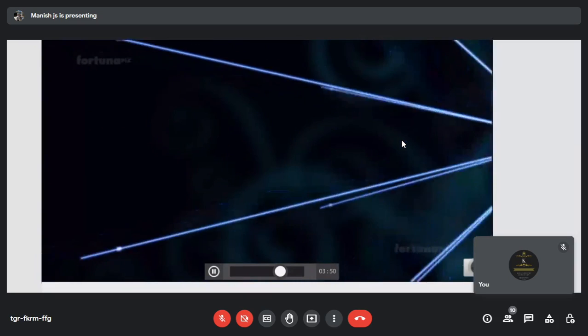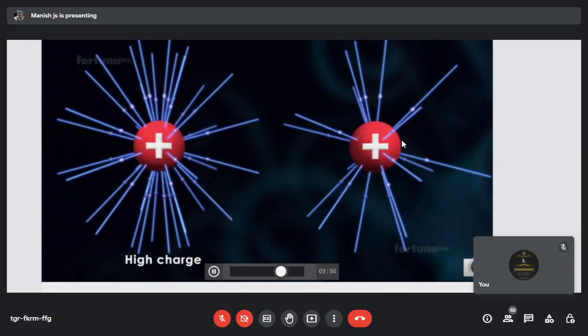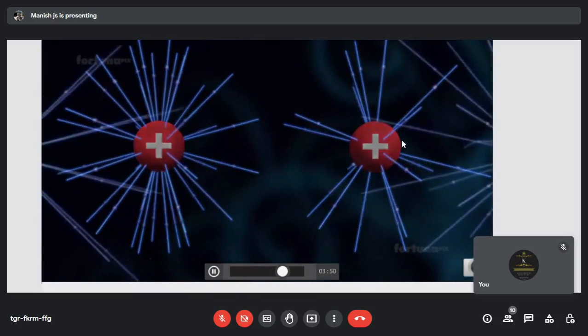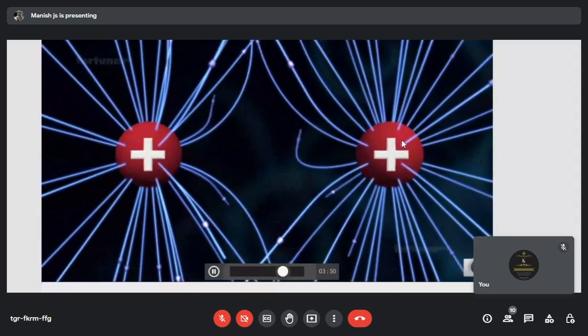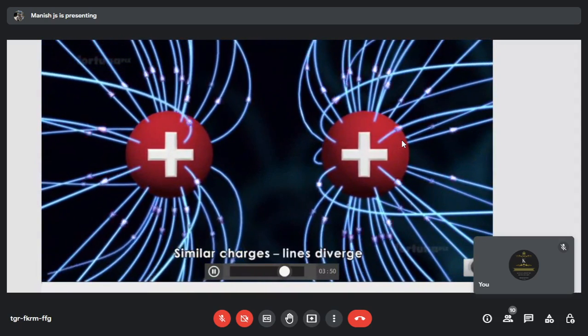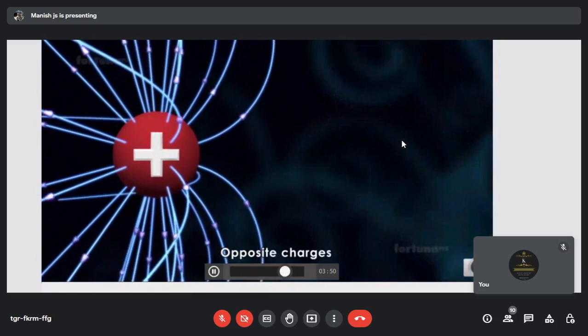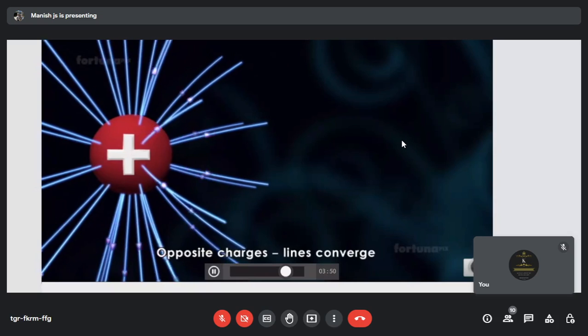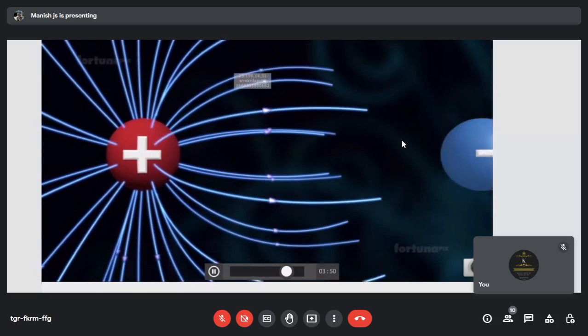The lines will be denser around a higher charge and less dense around a weaker charge. When two similar charges approach, the lines will diverge. And when two opposite charges approach, the lines will converge towards the negative charge.